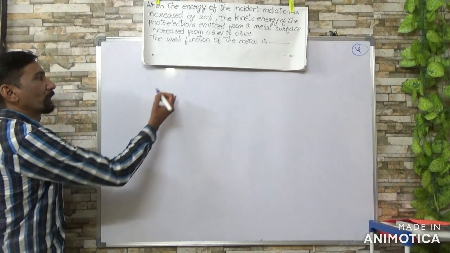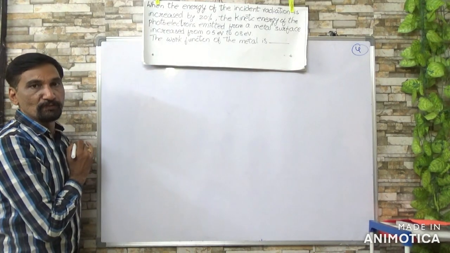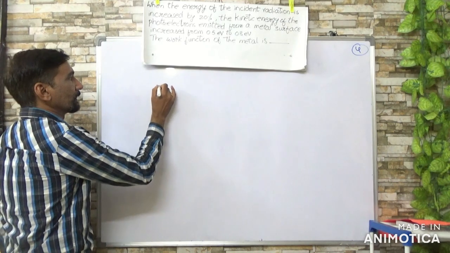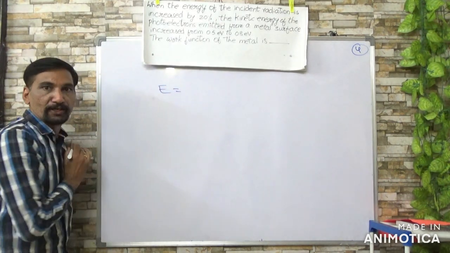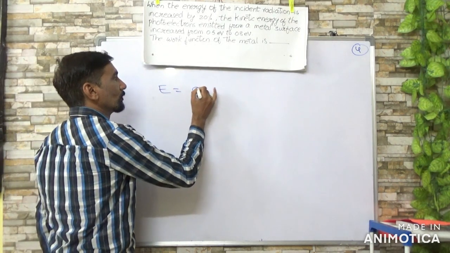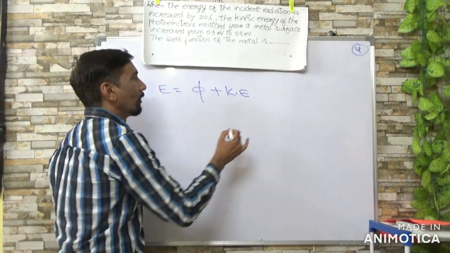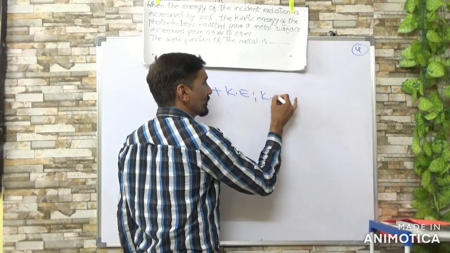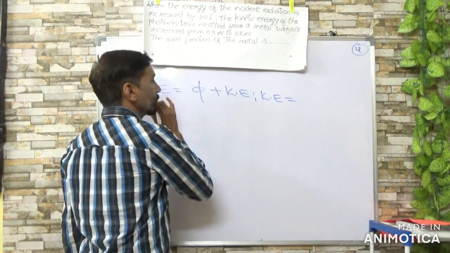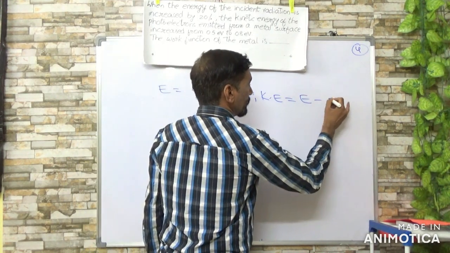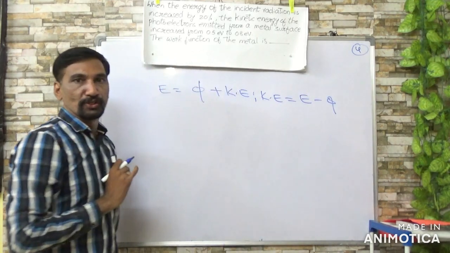According to Einstein's photoelectric equation, incident energy E is equal to work function plus kinetic energy, or kinetic energy is total energy minus work function.